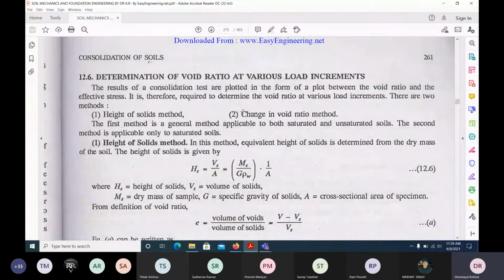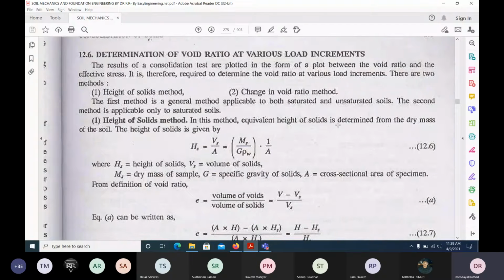In this method, the equivalent height of solids is determined from the dry mass of the soil. The height of solids Hs can be written as volume of solids divided by the cross-sectional area of the specimen. How can we write this volume of solids from the definition of specific gravity? What is the definition of specific gravity? Density of solids to the density of water. Density of solids can be written as mass of solids by volume of solids.